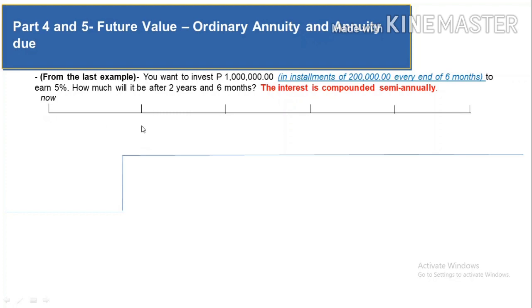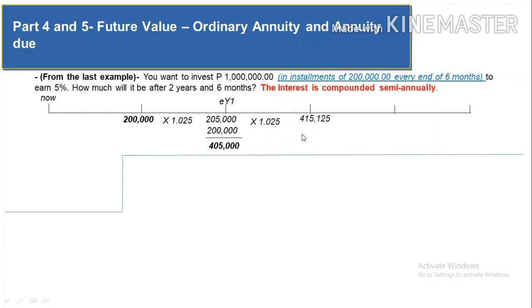You're going to invest here, the 200,000, and then the 200,000 will grow times 1.025. It will become 205,000 at the end of year 1. So after that, you're going to invest the second 200,000, and then at the end of year 1, you have 405,000. The 405,000 will then grow again times 1.025.